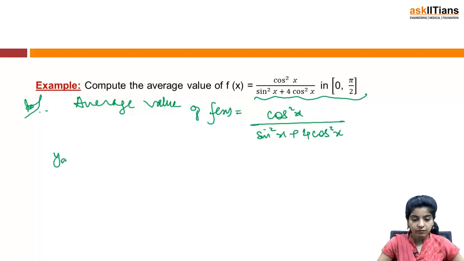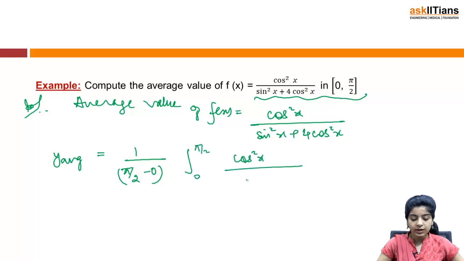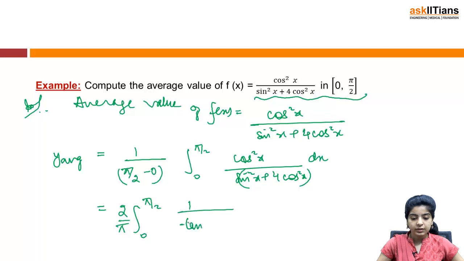So y average would be 1 by (b minus a), that is 1 by (pi by 2 minus 0), integral 0 to pi by 2 cos square x by (sin square x plus 4 cos square x) dx. This is equal to 2 by pi, integral 0 to pi by 2, 1 by (tan square x plus 4) dx.